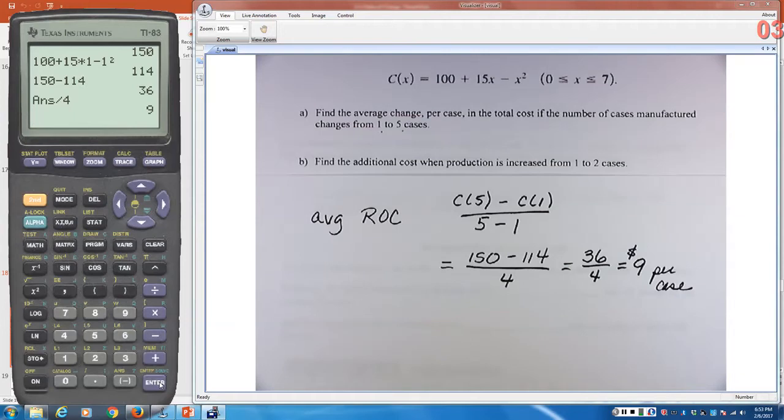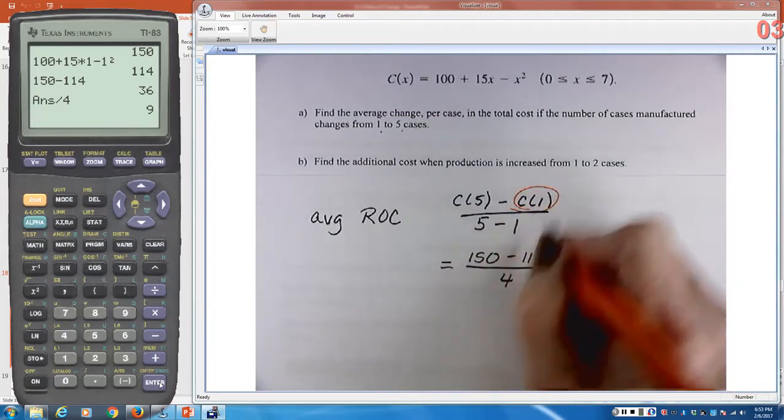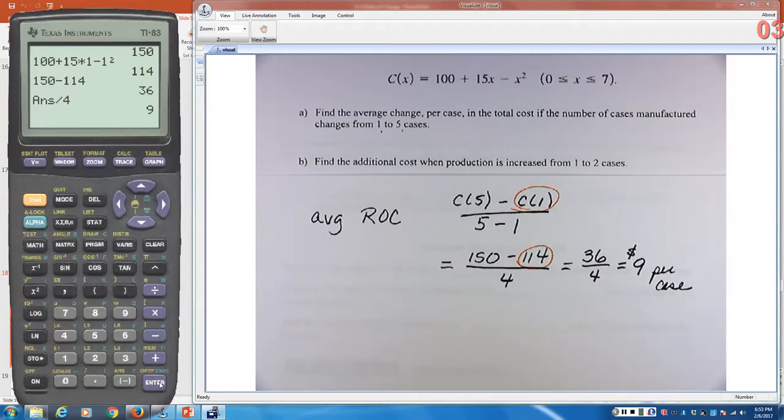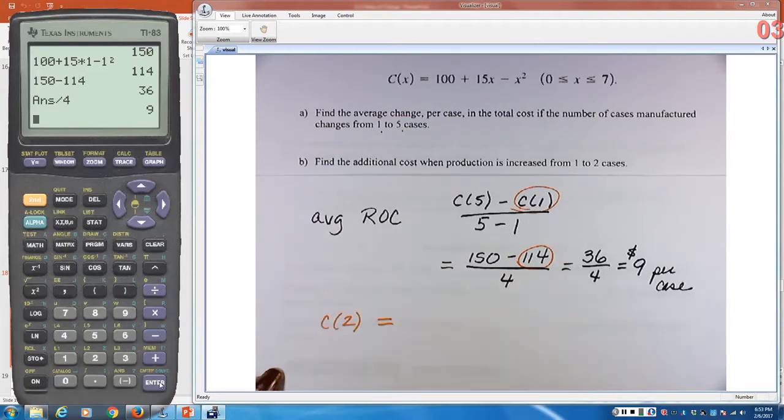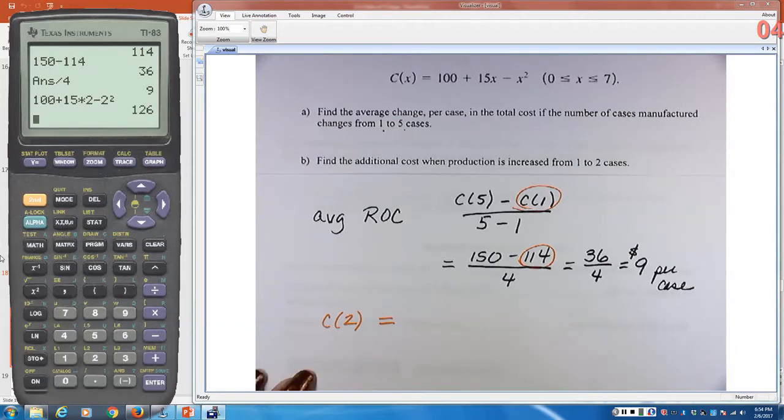Then we're supposed to find the additional cost when production goes from 1 to 2 cases. Okay, we already know the cost for 1 case. That's $114. So we need the cost for 2 cases. The cost for 2 cases simply changes the 1 to a 2. So for 2 cases, it costs $126.